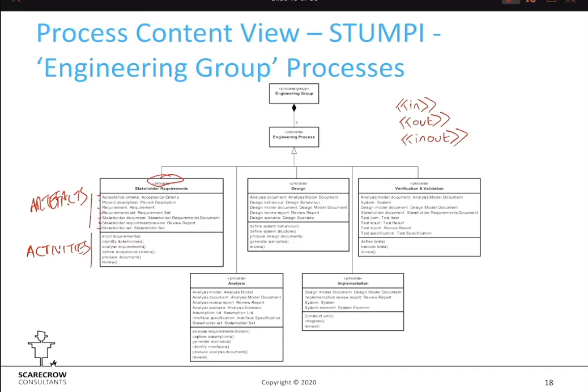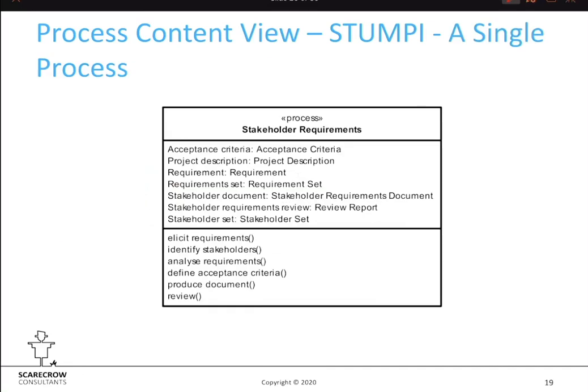And as I say, you can put dependencies between processes if you want. That's just to zoom in on a single one, just so you can read that. So as I say, you could have out on that, and you could have in marking that, just to give you extra information.